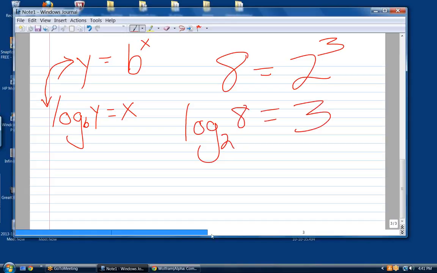In other words, it's the number on the far left raised to the power on the far right equals the number in the middle. It's the way I go the other direction. Okay? So, they're saying A equals 3.